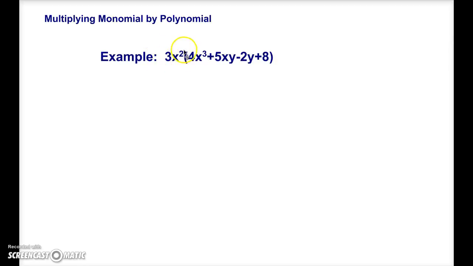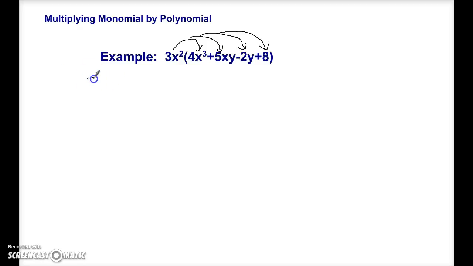Multiplying a monomial, 3x squared, by a polynomial. And you can see this polynomial has 1, 2, 3, 4 terms. And to do this, we will use the distributive property. And so 3x squared is going to multiply each of these 4 terms of our polynomial.